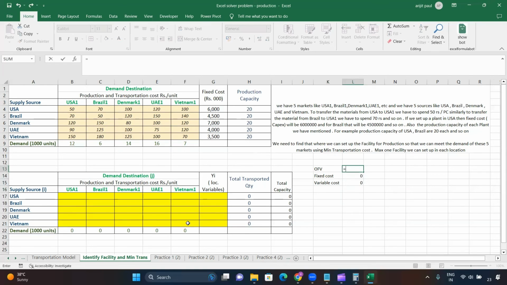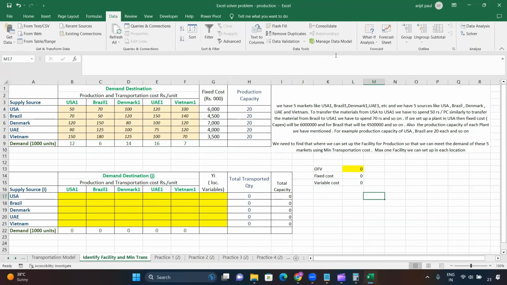The total cost will be fixed cost plus variable cost. Okay. So more or less, I have formulated the formula.